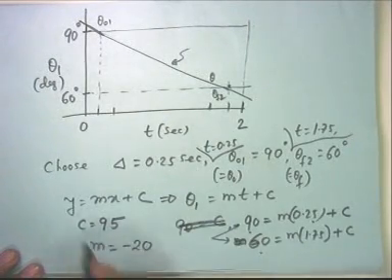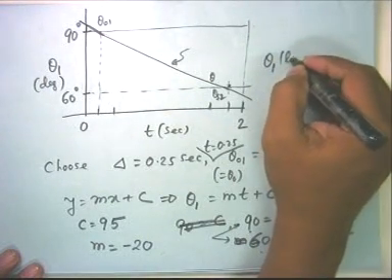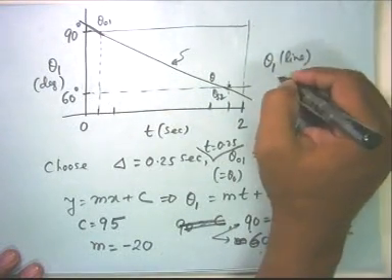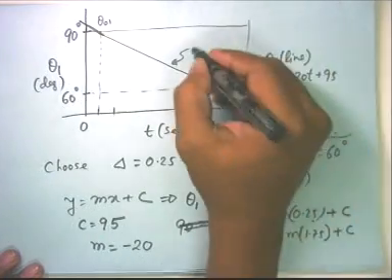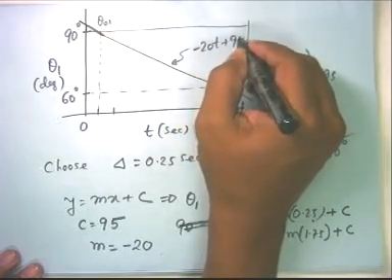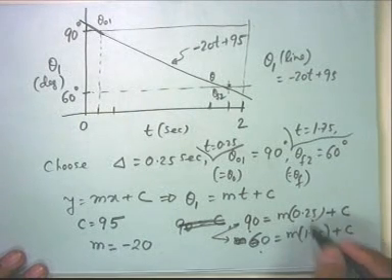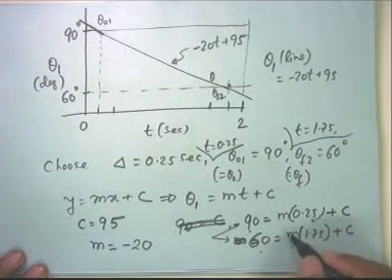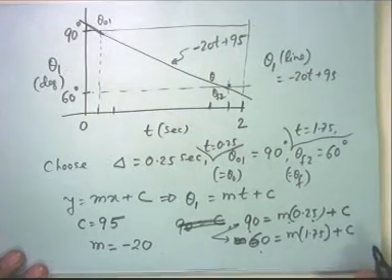Okay, so your theta 1 line equation will be minus 20t plus 95. So this will be minus 20t plus 95. Okay, it can be checked from here. If you subtract these, you will get the m value, and then if you substitute the m value here, you will get the c value.